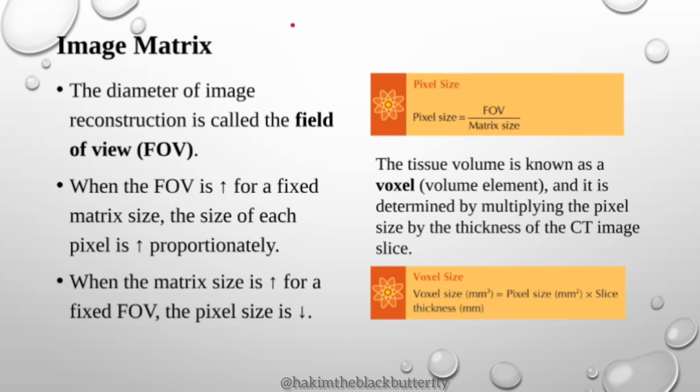Here is what I mean. If you have a matrix of 512 by 512, that means you have 512 columns by 512 rows, about 262,000 pixels.